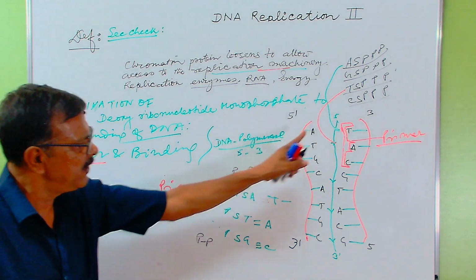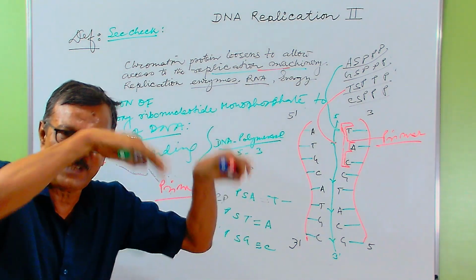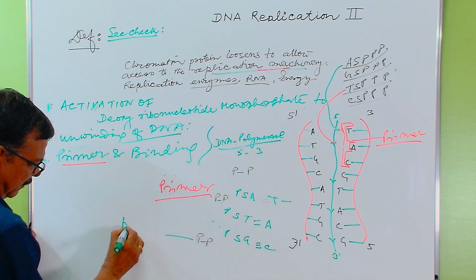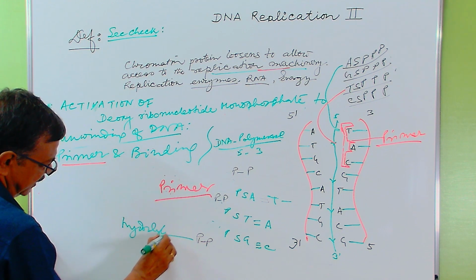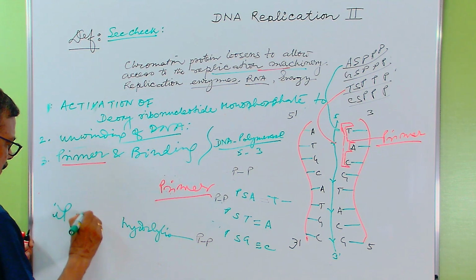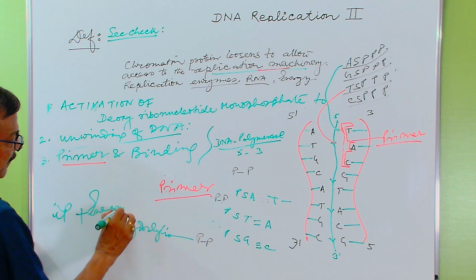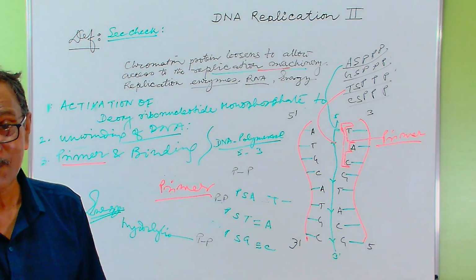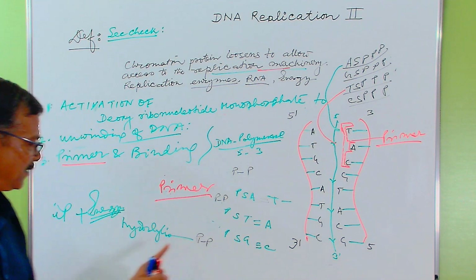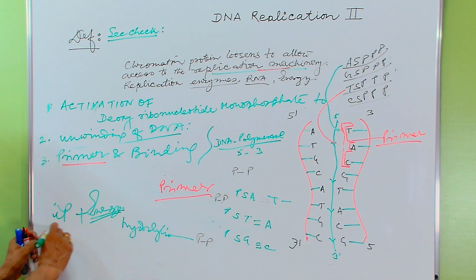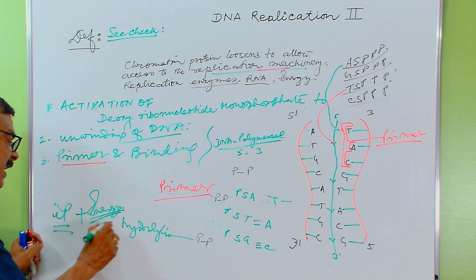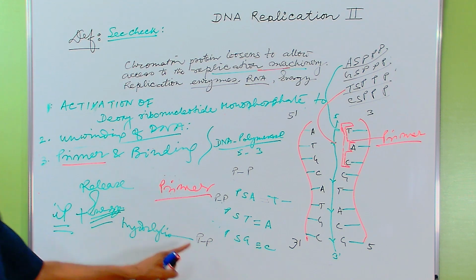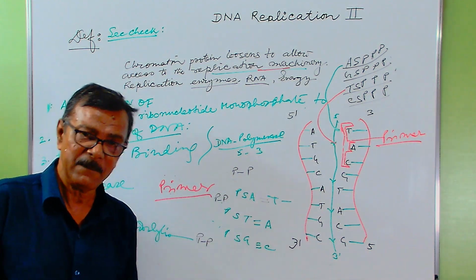This pyrophosphate will be released within the nucleus environment, and on hydrolysis, you write, it will produce inorganic phosphate plus energy. This energy is responsible to fix this. Where will energy come from? This pyrophosphate on hydrolysis will produce inorganic phosphate and will release energy. That energy is required for DNA replication.